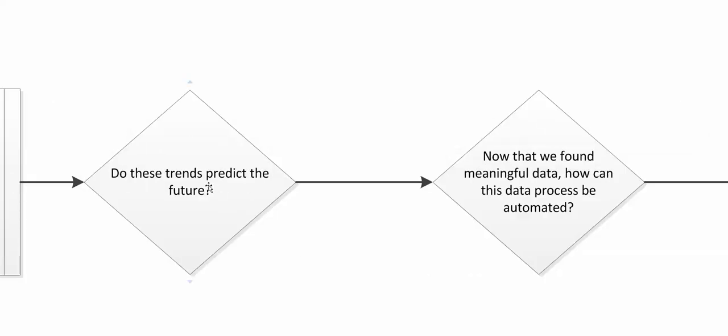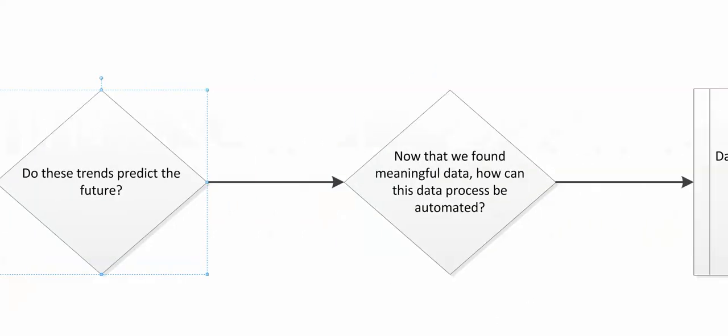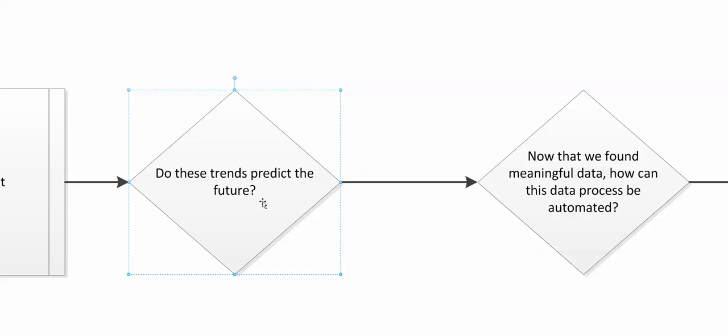And then let's say they run marketing campaigns or focus on fixing some aspect of an engine based on the trends and data. Do these trends predict the future? So this is getting into, again, statistics and really trying to understand the predictive power of the data that you're analyzing.